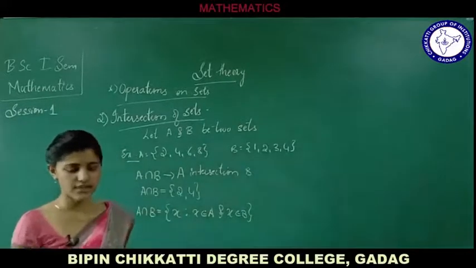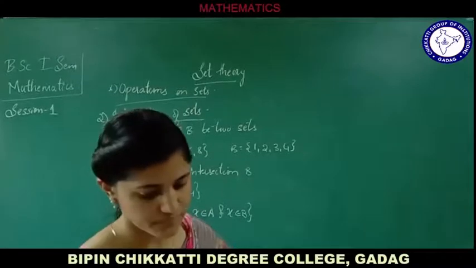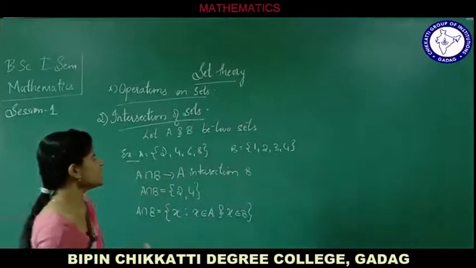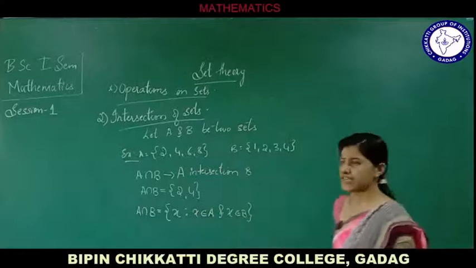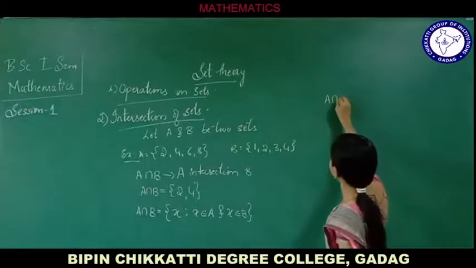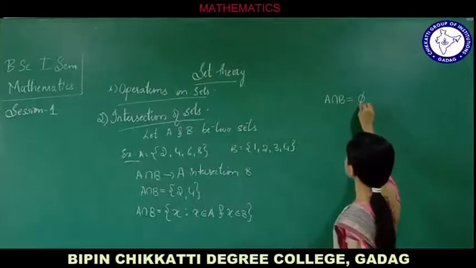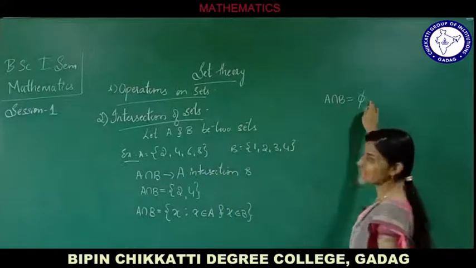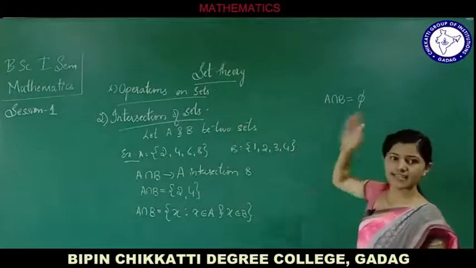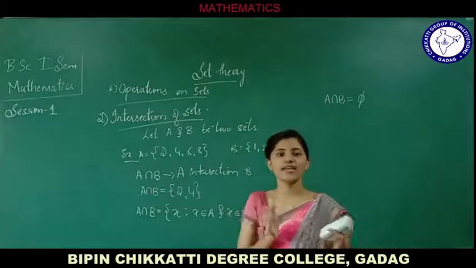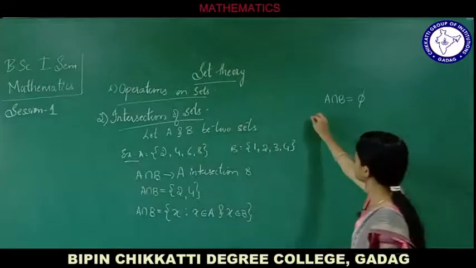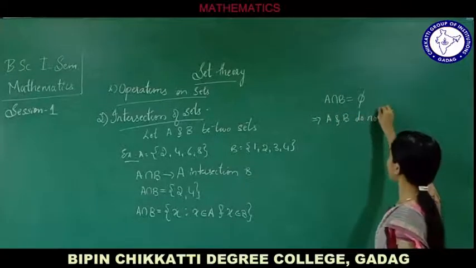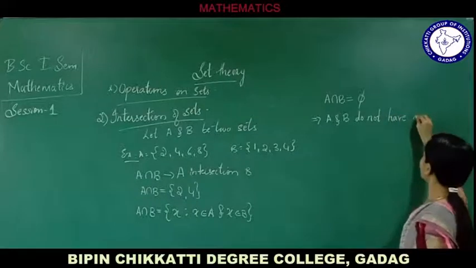Next we are going to study the difference of sets. But before that, if A intersection B is an empty set, and an empty set is nothing but the set having no elements, it implies that set A and set B do not have any elements in common.